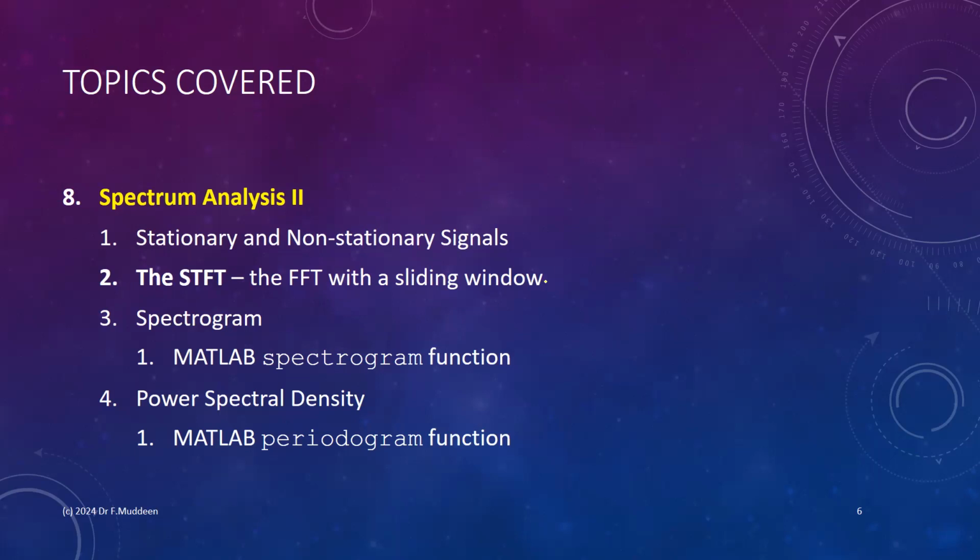And because it's a time window, we are open to all the window functions that we just spoke about before. The output of this is an image called a spectrogram that shows you frequency, time, and the amplitude or level of the signal as an image with color.